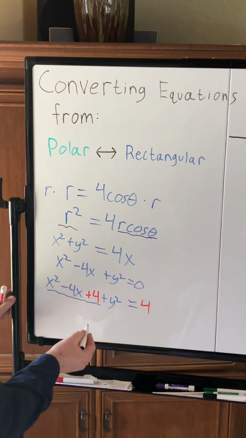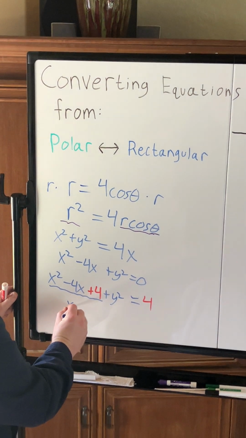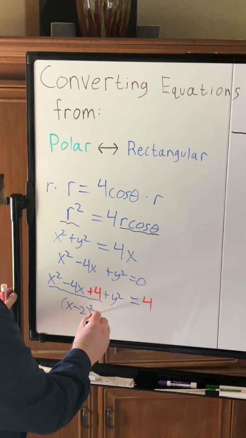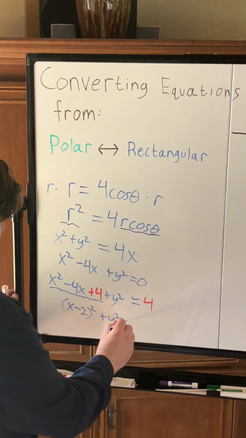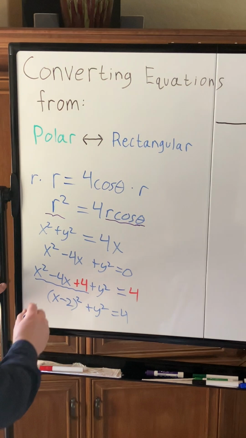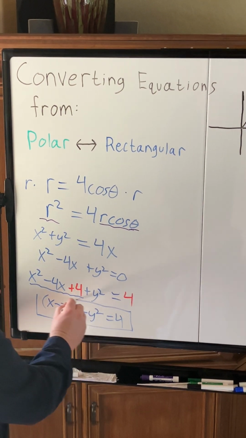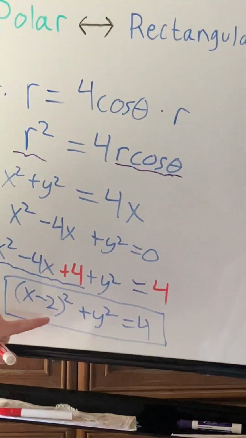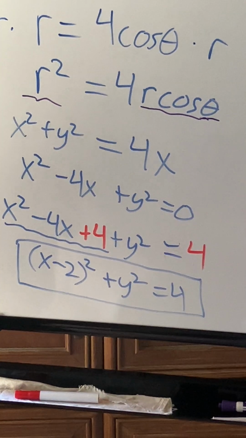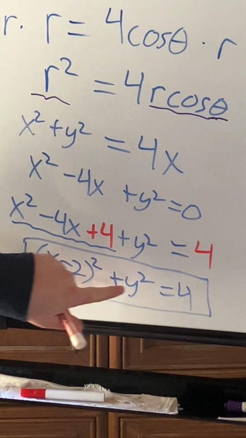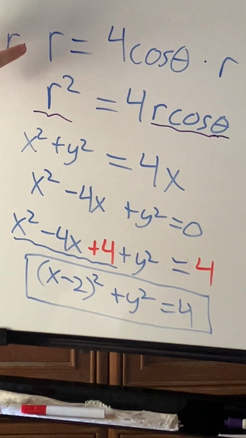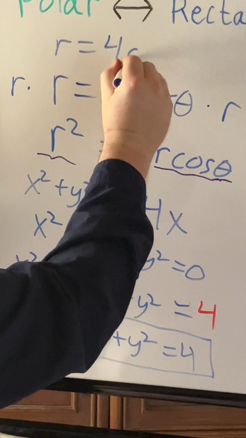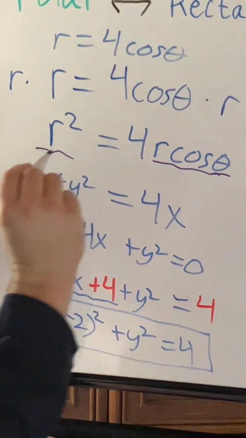Because now I can write this as x minus 2 squared, plus y squared equals 4. And that would be my standard form of a circle. This is a circle that's centered at 2, 0, and it has a radius of 2. So we get this all the way from starting with, remember, r equals 4 cosine theta.